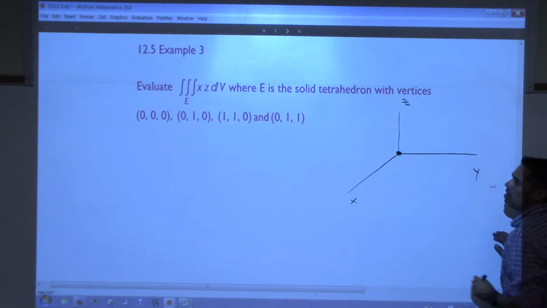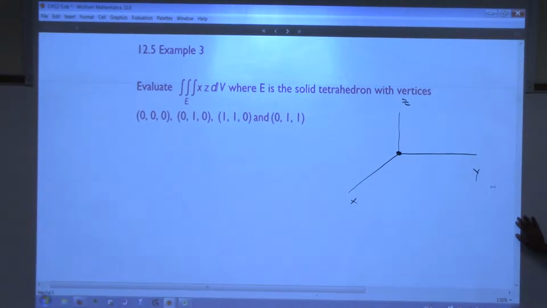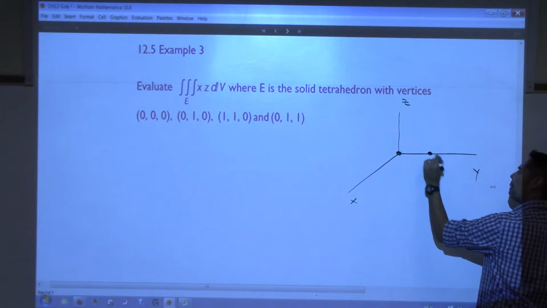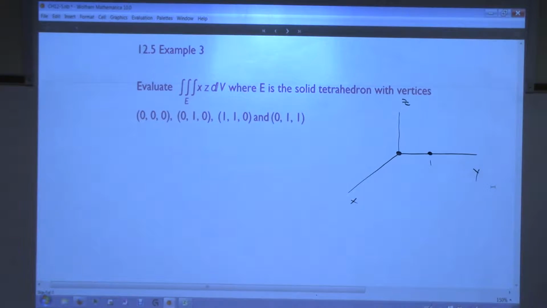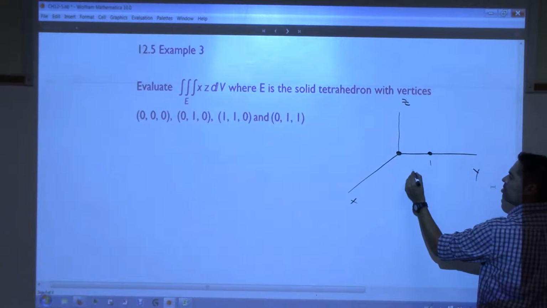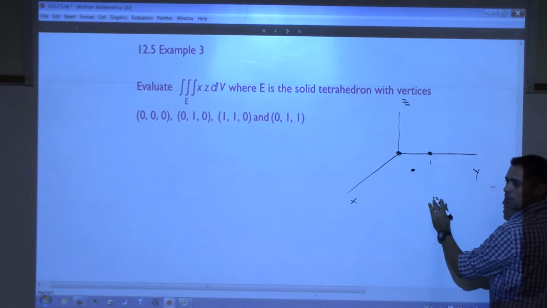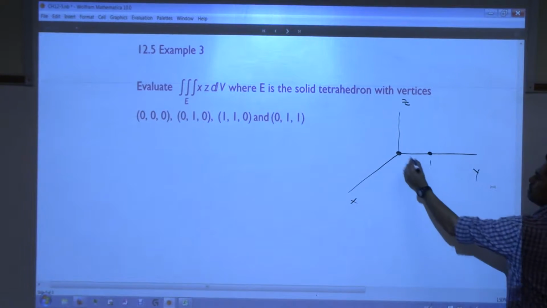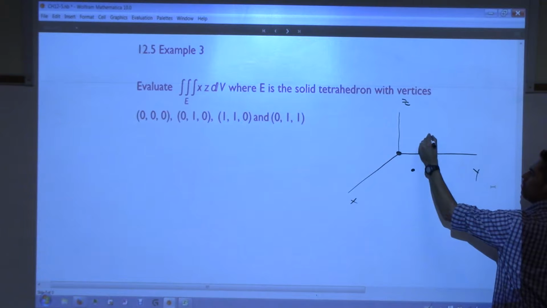Nice. 0, 1, 0 is this point. 1, 1, 0 here, that's on the ground. And then 0, 1, 1.